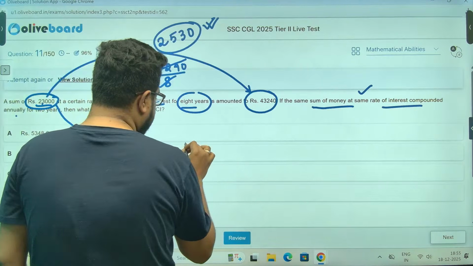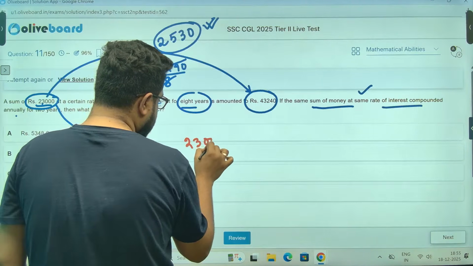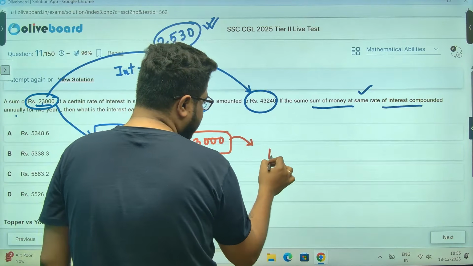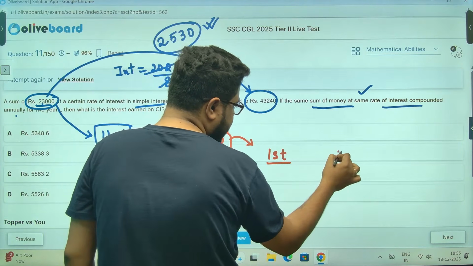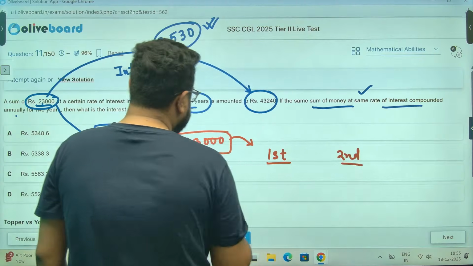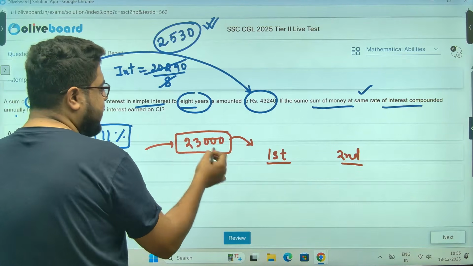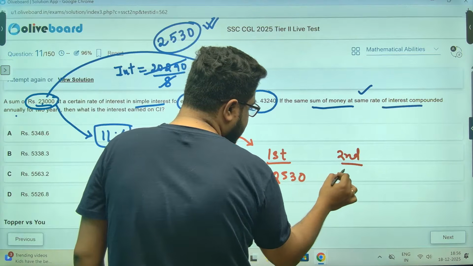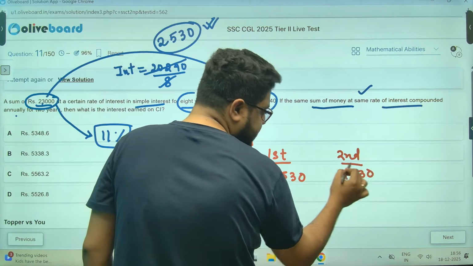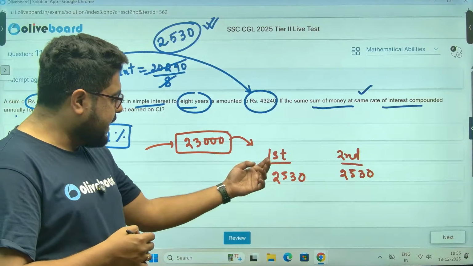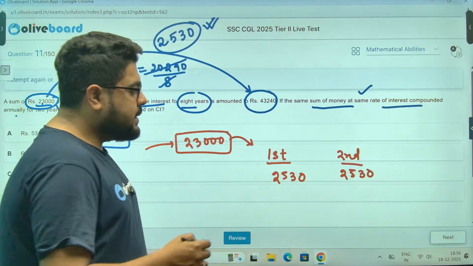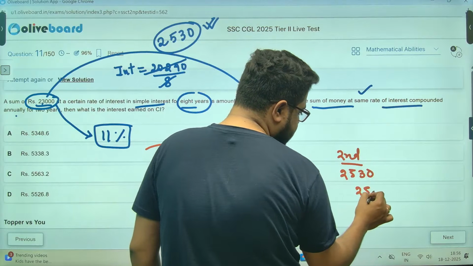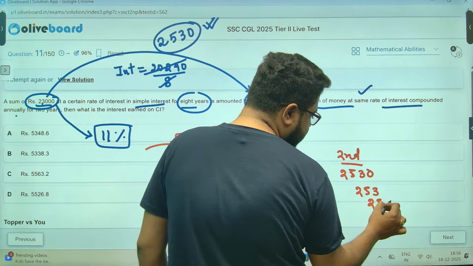So 23,000 at 11%. Let's use the tree method. First year, second year. 11% of this means every year I'll get 2,530, 2,530. The extra will be 11% of the first year's interest. Its 10% is 253, 1% is 25.3.